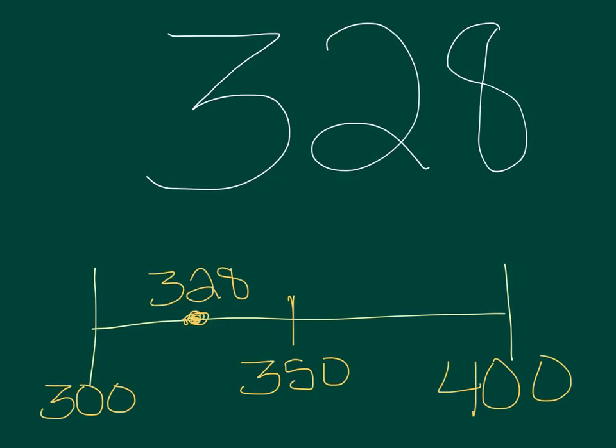So by looking, I can see that 328 is nearest to this 100 of 300. So if I were rounding 328 to the nearest 100, I would round it down to 300. This would be my answer.